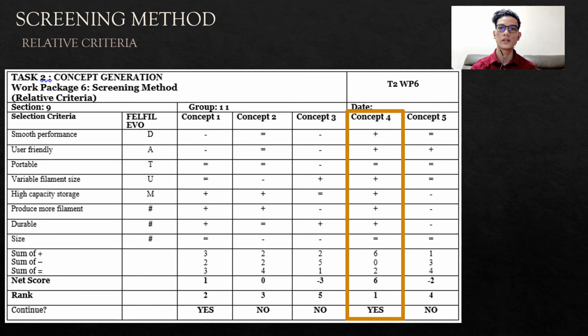Some even have negative scores, and some have 0. And concept 4 has a net score of 6. This proves that concept 4 is the concept that will be used in our project, and it will be developed further.